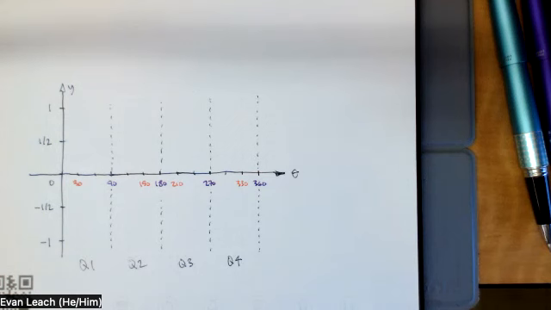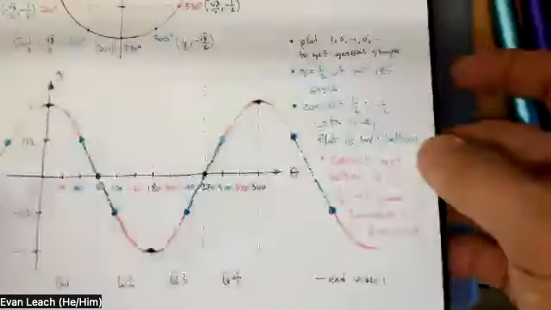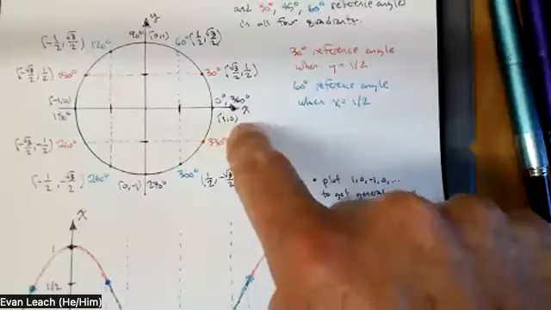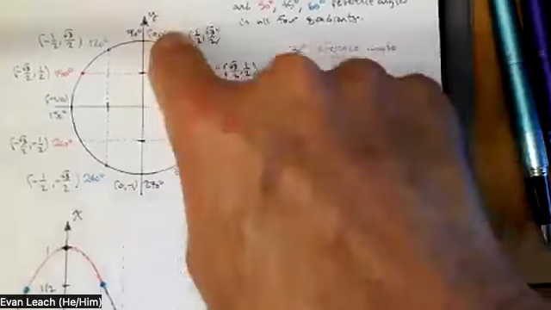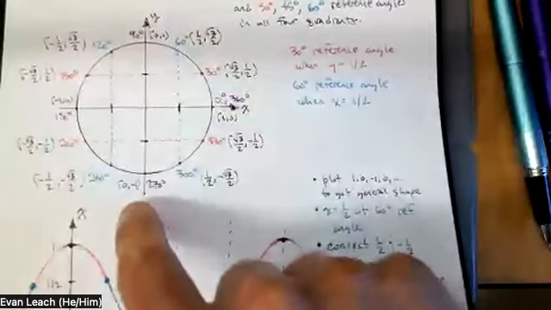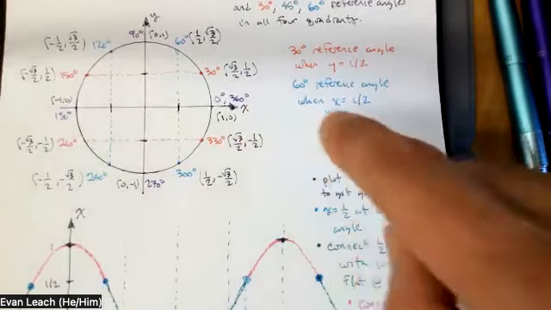But let's first figure out what's happening at each of the quadrant angles. Let's plot the 1, 0, negative 1, 0, 1, 0, negative 1, 0. The y-coordinate on our unit circle is 0 at 0 degrees, 1 at 90, 0 at 180, negative 1 at 270, back to 0 at 360.